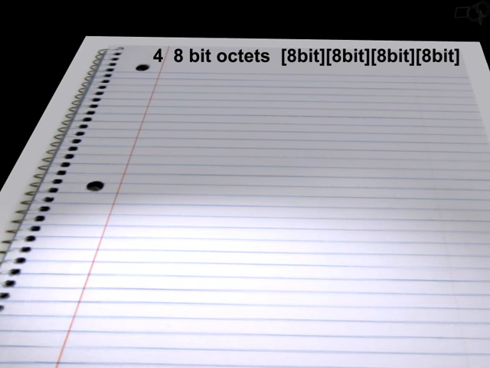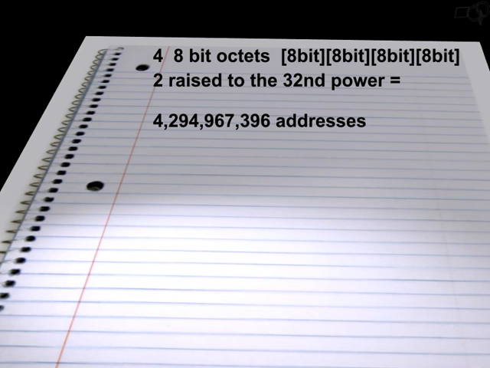So with an IP address of 32 bits, the total number of available IP addresses is going to be 2 raised to the 32nd power, which is 4,294,967,396 addresses. When this addressing scheme was initially conceived, they thought we would never run out of IP addresses, but in fact, we already have.